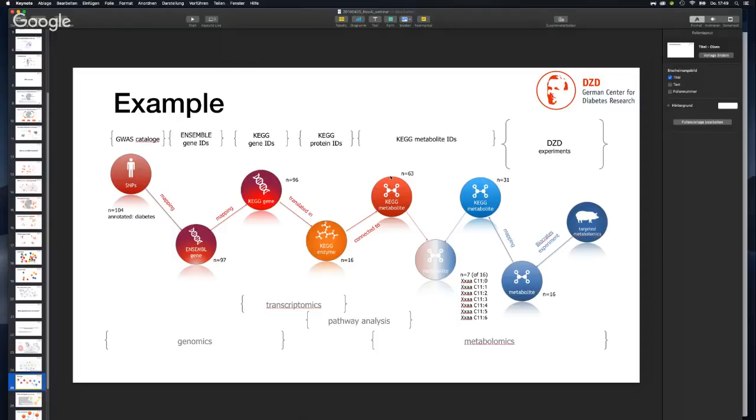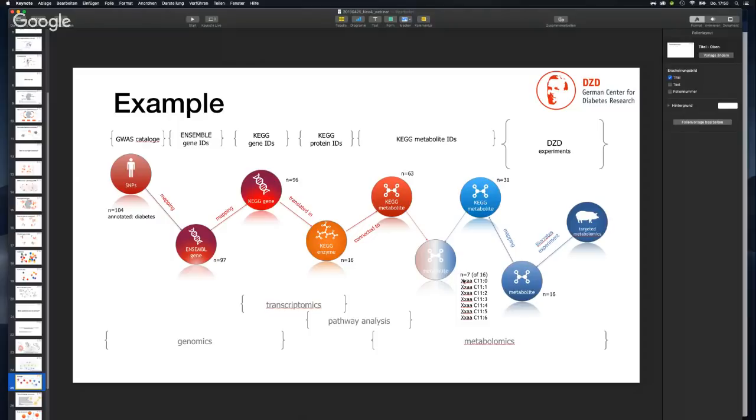Because when we come from the other side, from our animal model, where we can do experiments that we cannot do in humans, we can measure these small molecules that we have in a diabetic pig, and we can map those identifiers back and build a so-called join. This is what's interesting for us.